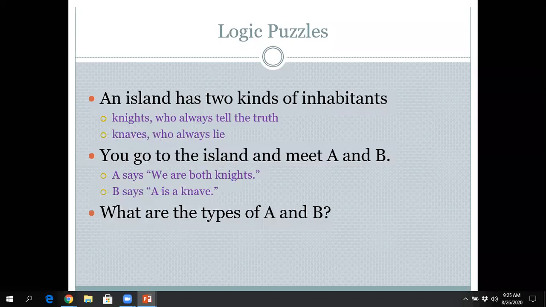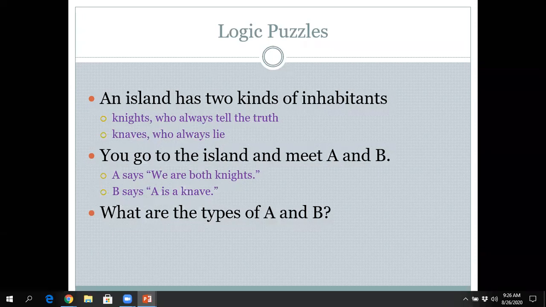If A is true, then B saying that A is a knave is a lie, which renders the first statement false. So then I assume that B is a knave, saying A is a knave, which renders A's statement false, rendering B's statement true. Okay, I see where you're going. So let's suppose that A was a knight.